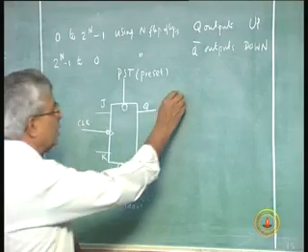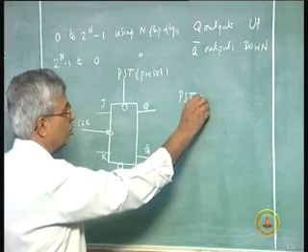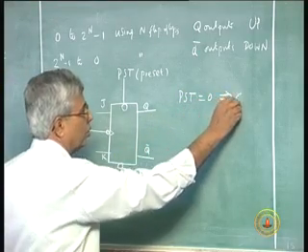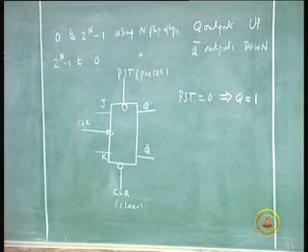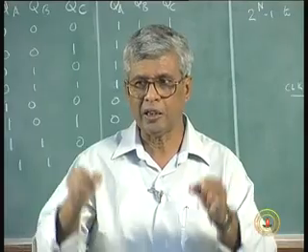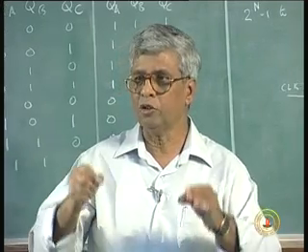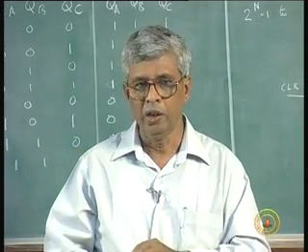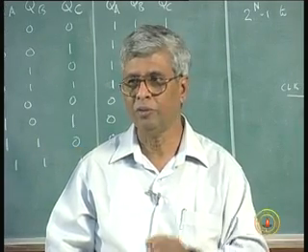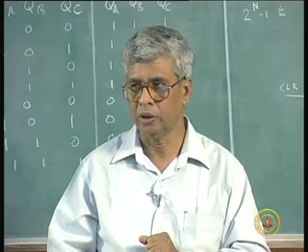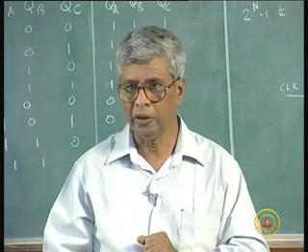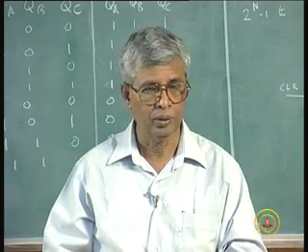PST is equal to 0 makes Q equal to 1, irrespective of the value of j, k and clock at that instant of time, and as long as preset is 0, output continues to be 1. In between a clock may come and go, we may change j and k regardless of all that. Okay? So, such an input is called an overriding input.